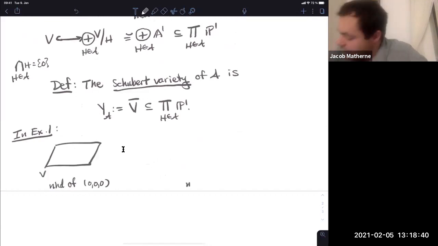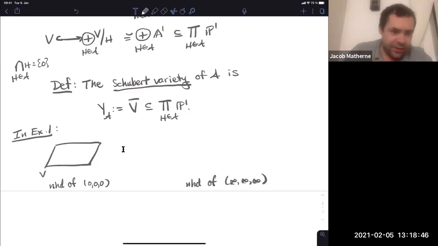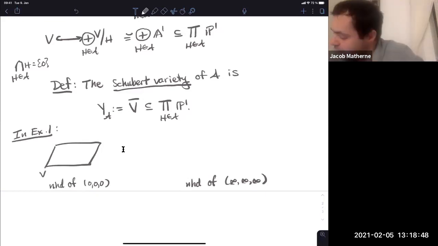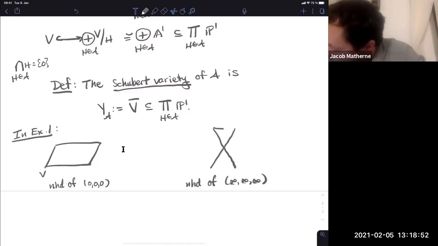And on the other end of the world, in the neighborhood of (infinity, infinity, infinity), which is, by the way, the most singular point, it's going to look like an affine cone. So this is the point (infinity, infinity, infinity).